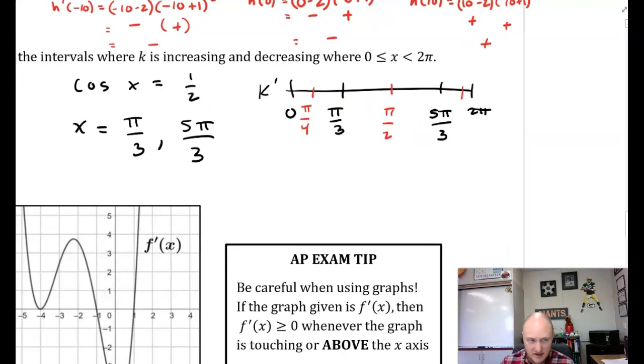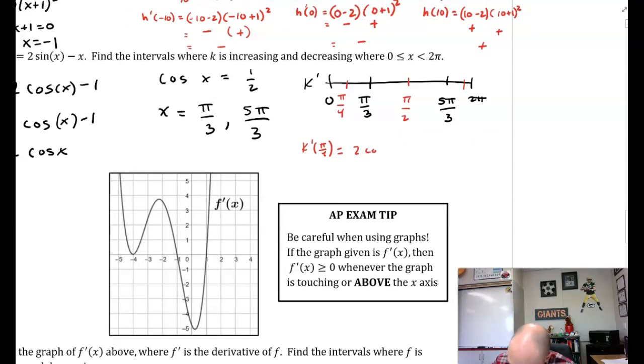So let me go ahead. I'm going to test pi fourths. So what is k prime of pi over 4? That was 2 cosine x minus 1, so pi over 4: 2 times root 2 over 2. Those cancel. Root 2 minus 1.